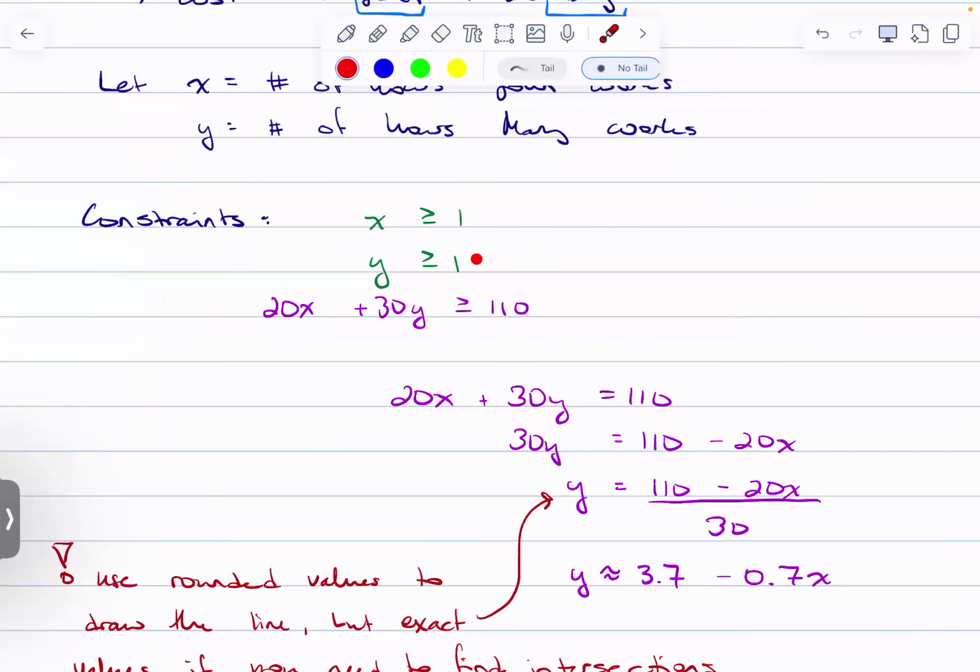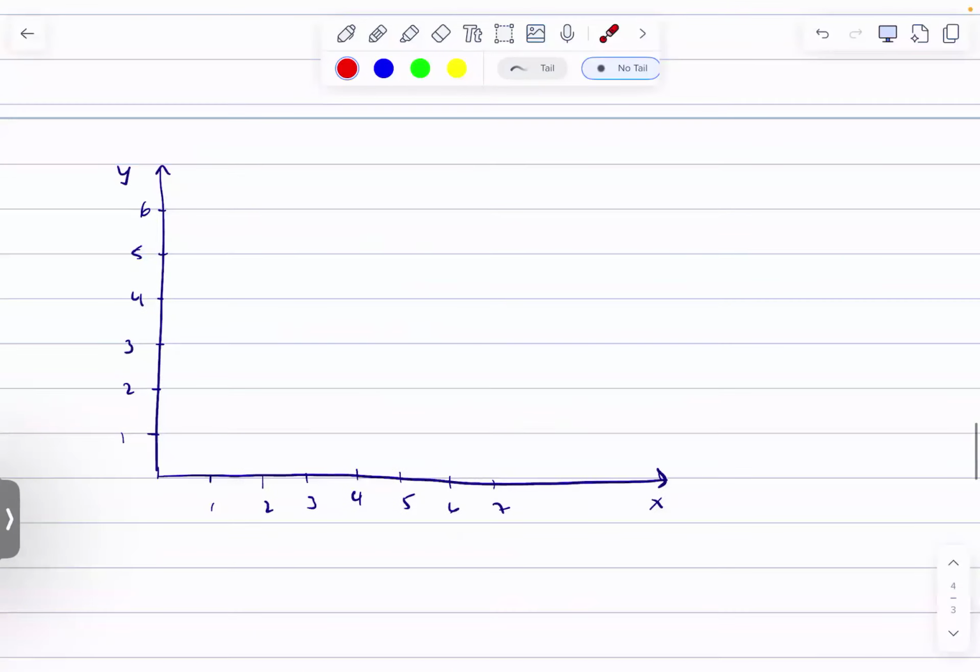Let's deal with these constraints first. X is greater than or equal to 1 puts me here at 1, and technically it goes down. Which side do I have to be on?